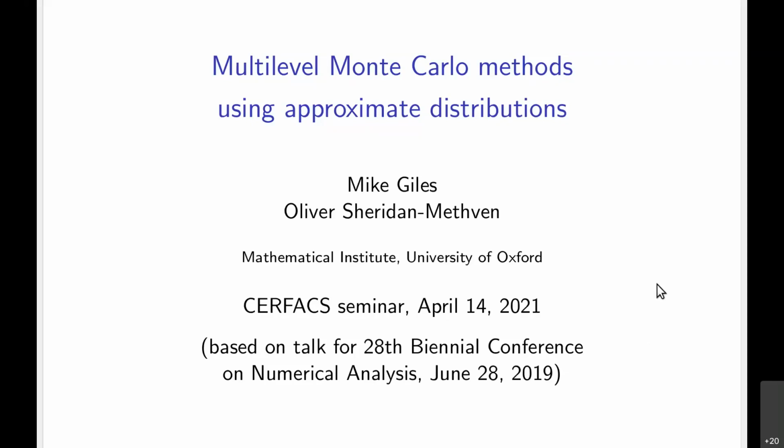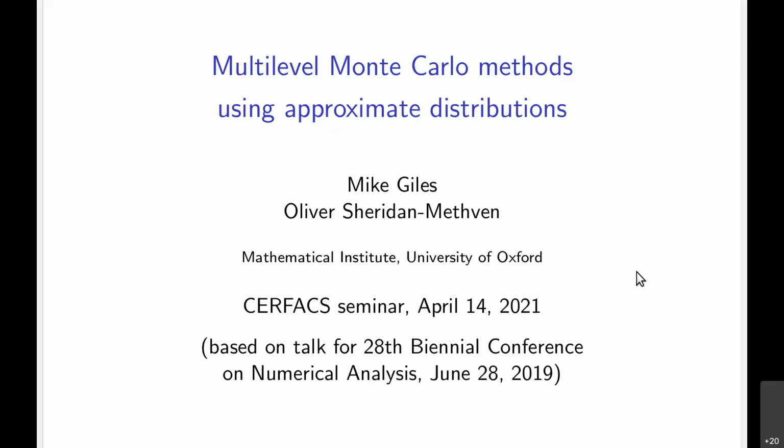This first talk is joint work with my student Oliver Sheridan Medton. He's now actually finished his PhD working at a hedge fund in Switzerland. And as it says, this is all about using approximate random numbers in Monte Carlo simulations, and again, bringing in multi-level.